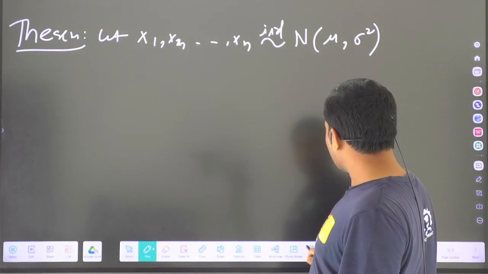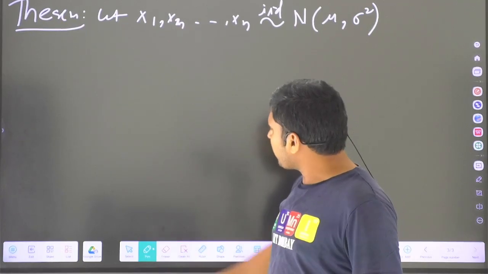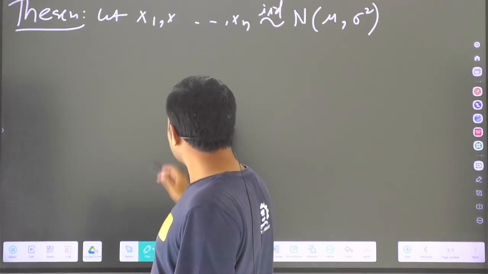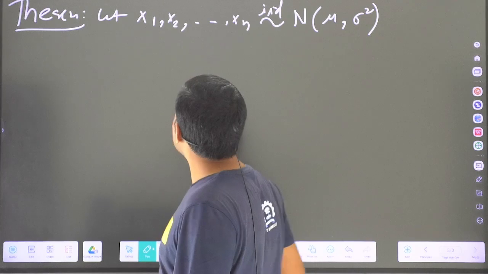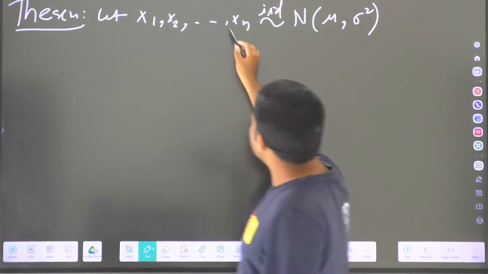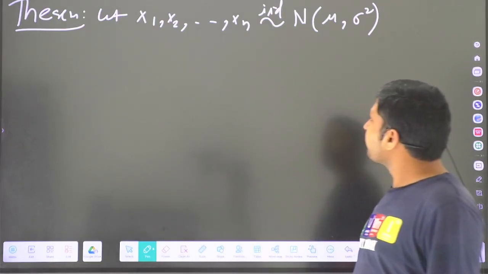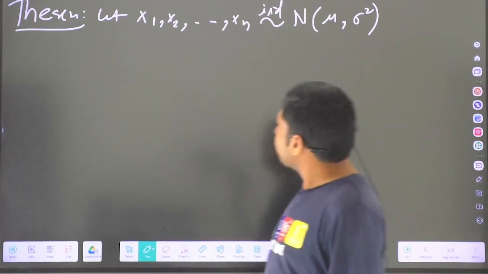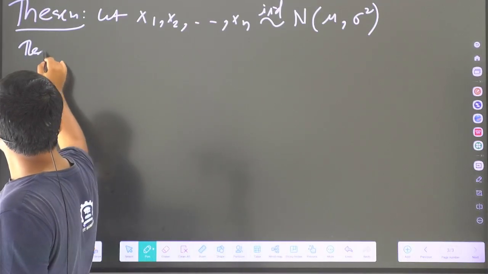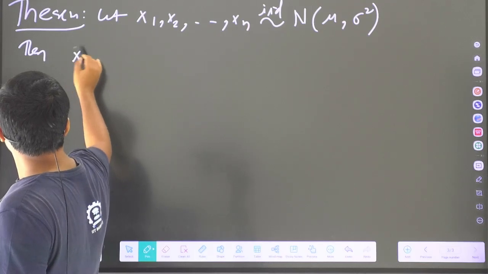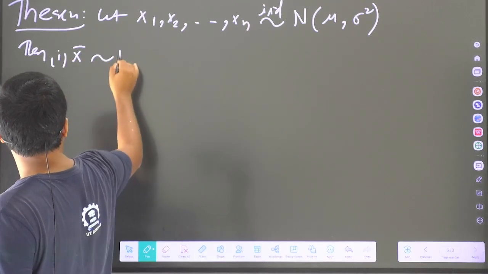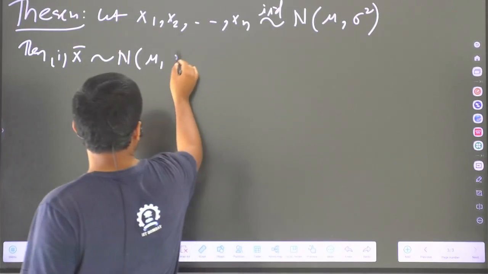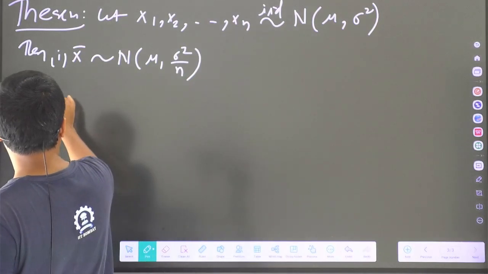Then x bar will have distribution normal with mu and sigma square by n.